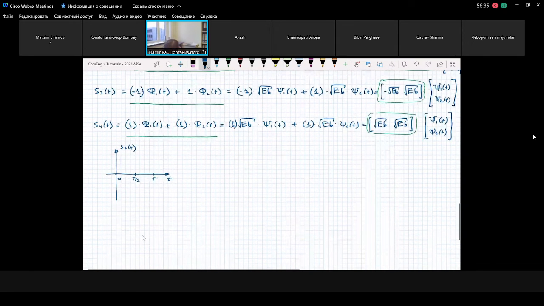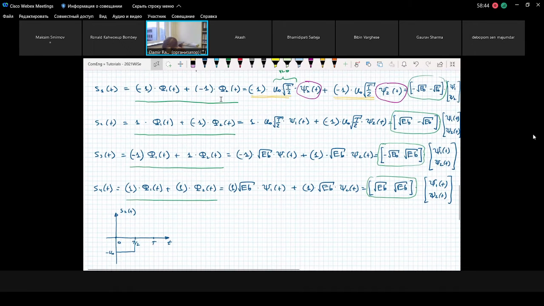So we take a negative pulse, minus u0, and for the second part we have minus phi2 of t, which will also be a pulse with negative amplitude, minus u0. And this is how the resulting signal S1 of t will look.